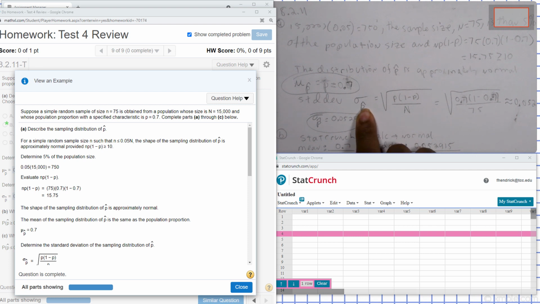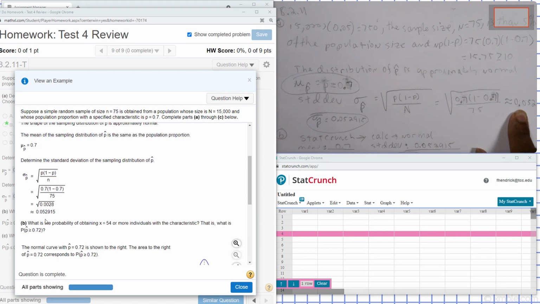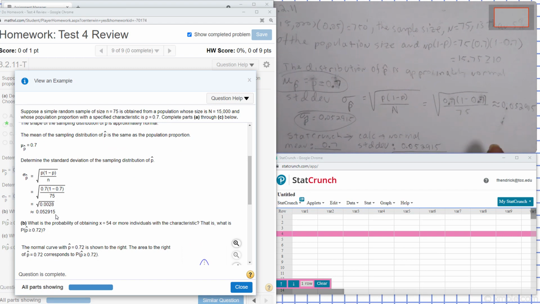So there's a formula there for the standard deviation for the sample proportion. And then I plug in, and this gives me the standard deviation for the sample proportion, and I get 0.5295.